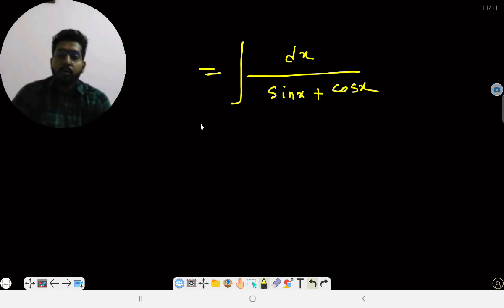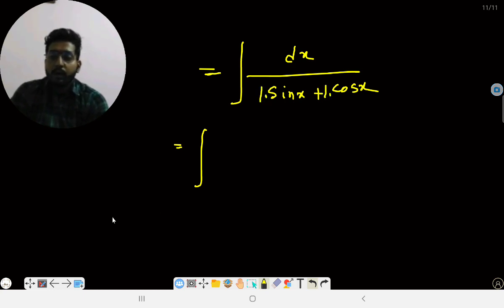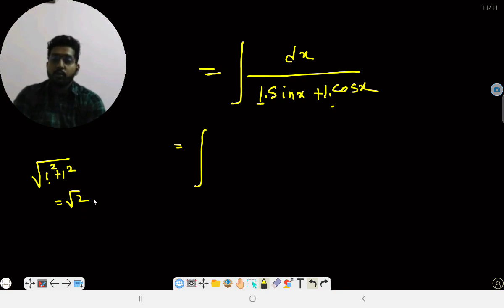How to solve this type of integration? There are two ways to solve this one. So the first way is that, look at the coefficients here, 1 and here also 1. So 1 and 1 we can write as root over of 1 square plus 1 square, that is root 2.